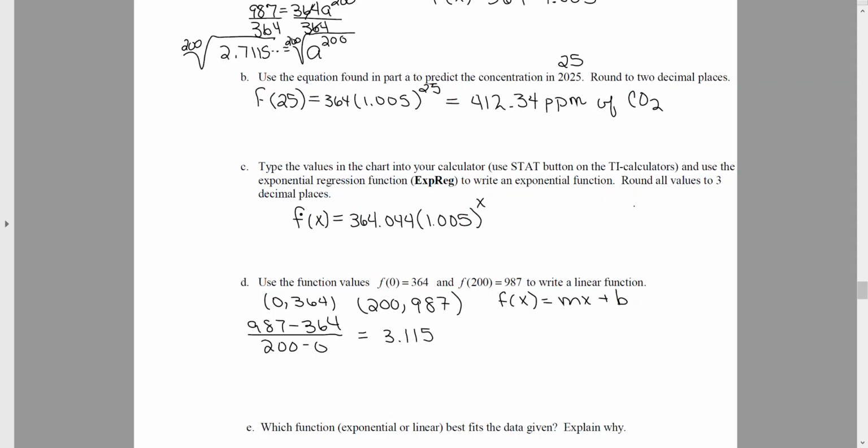And since I'm writing a linear function, it's not necessary to put the unit label on here, but the unit label would be parts per million of concentration of carbon dioxide per year. But that's also my m value that I'm going to be plugging into the function here. The b value is your initial amount, which was 364. So your function looks like this.